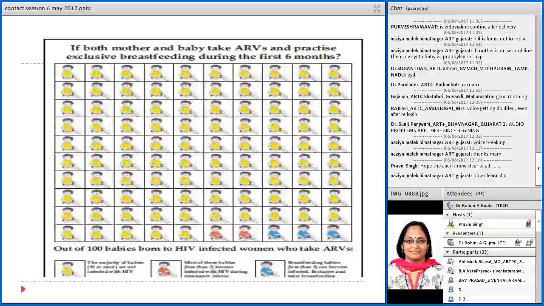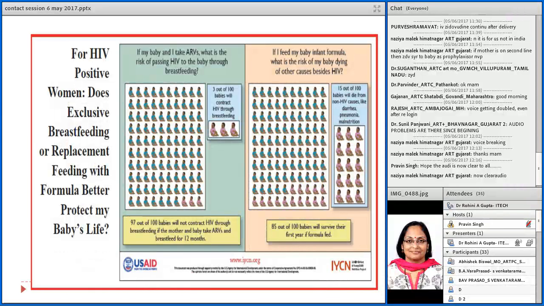We start ART in the mother, we do an institutional delivery, we give ARV prophylaxis to the baby, and we practice exclusive breastfeeding during the first 6 months. If we do these interventions, then only 5 babies get infected out of 100.